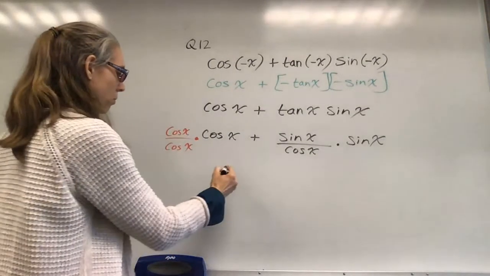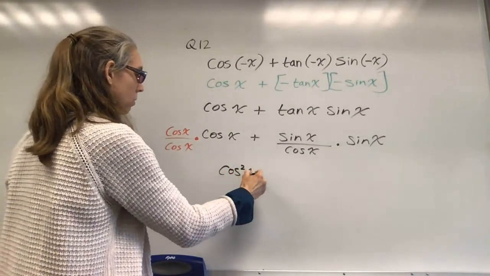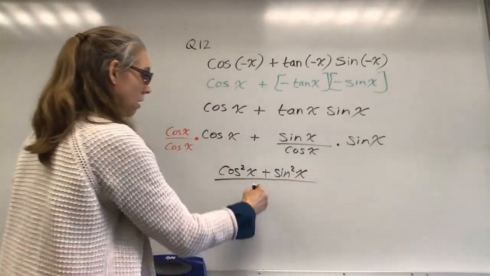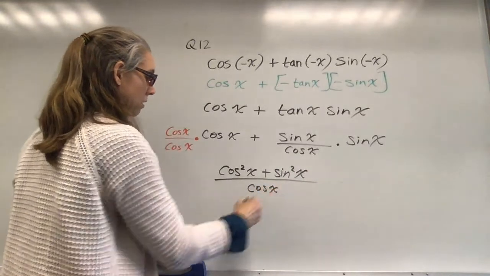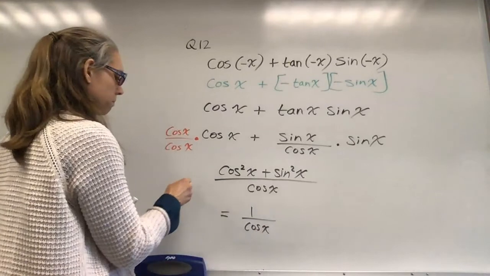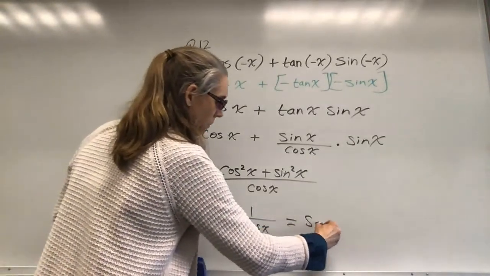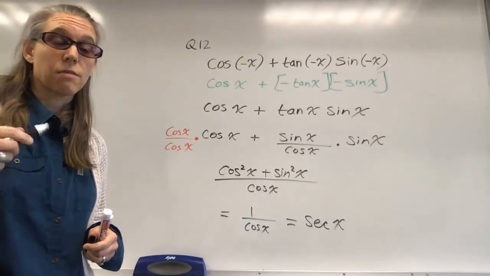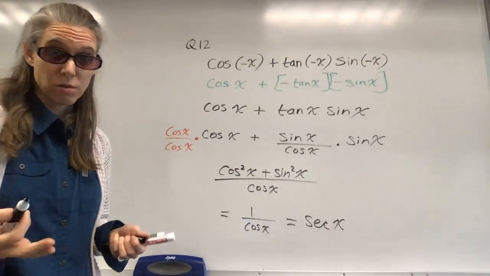And now I end up with cosine squared x plus sine squared x all over cosine x, which is going to be 1 over cosine x, or secant x.